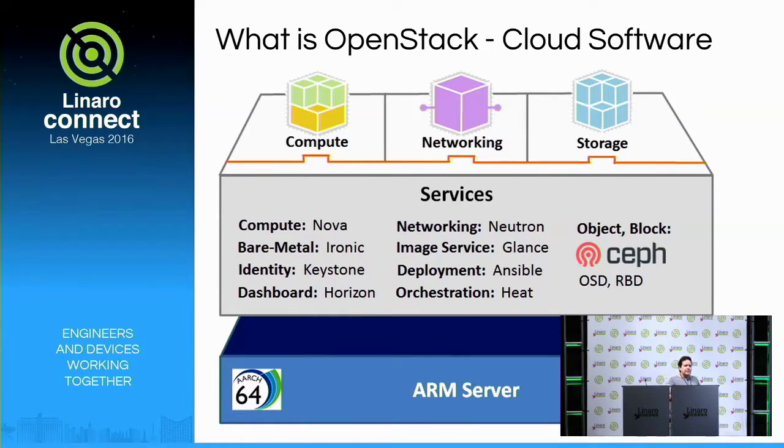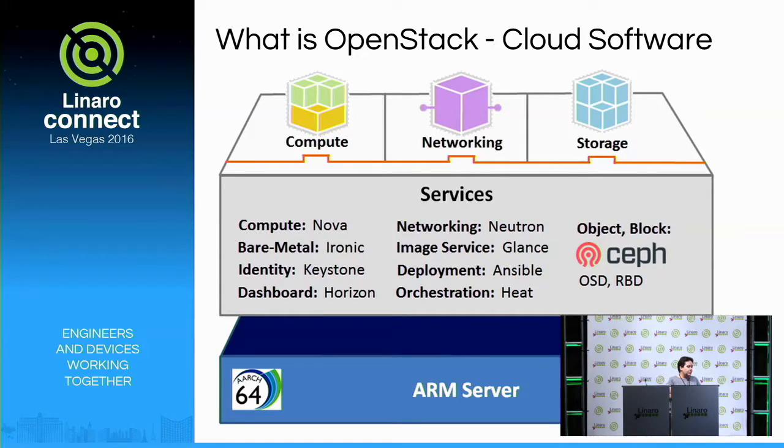First, I wanted to do a brief overview of what OpenStack is for those people that have never worked with it. OpenStack is no more than a collection of services running on your servers, all of them together, right? We have Nova that gives you compute. We have Ironic, which helps you deploy the machines. We have Keystone, which helps you authenticate, networking, Neutron.